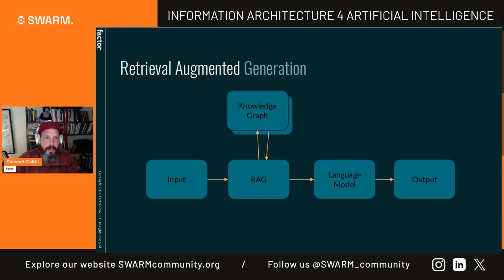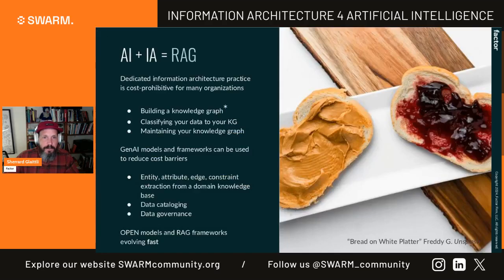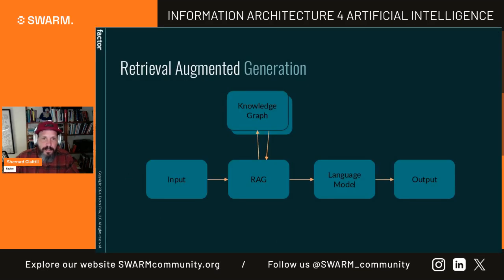I know a lot of people here have some experience with playing with large language models and even some experience with retrieval augmented generation. For those who don't, I wanted to give you a very basic model to give you a sense of what we're talking about here. When a user generates an input, the input goes to the RAG, which analyzes the input and frames it in the context of the knowledge graph.